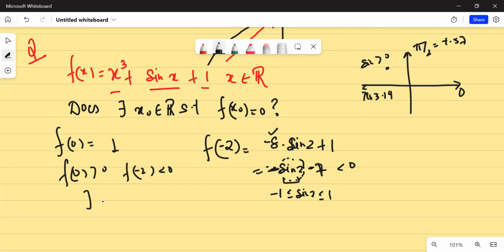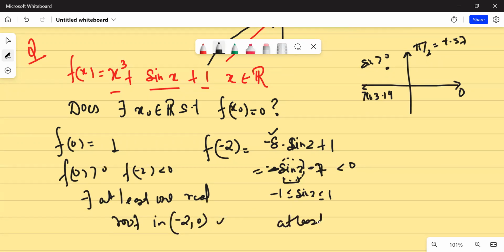So there exists at least one real root between minus 2 and 0, or I can say at least one real x naught such that f of x naught is equal to 0. एक ना एक तो root मिलेगी for sure. Is that clear or not clear?